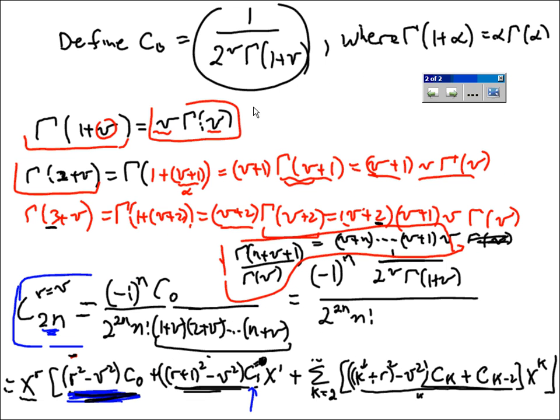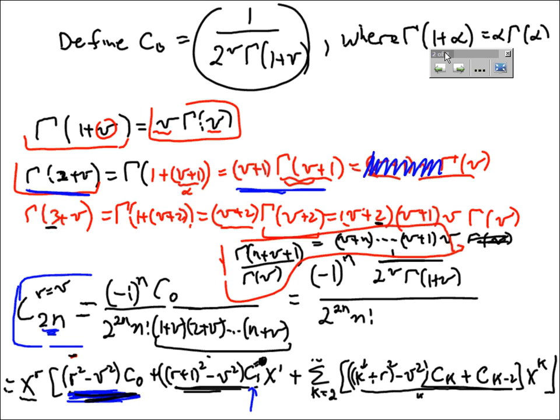Okay, so everything I said was true. The thing is, I think it would be best if we left gamma of 2 plus v as this. That is, not to put that. So then gamma of 3 plus v would just be this.